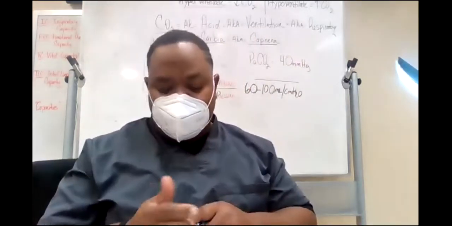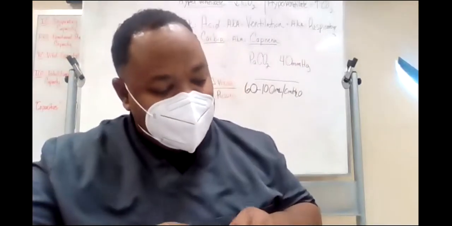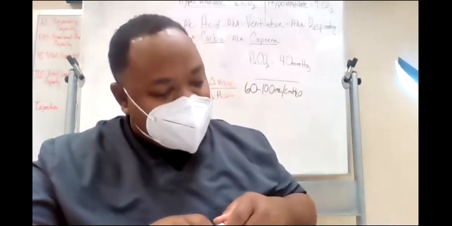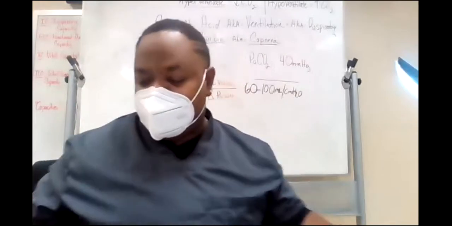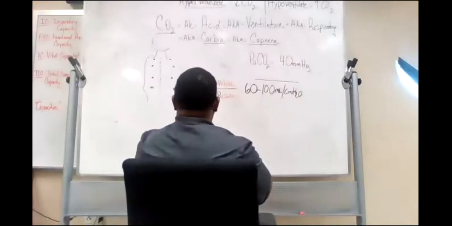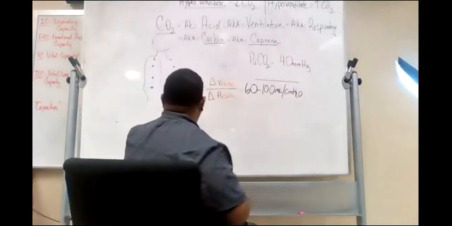Now we're going to talk about dynamic compliance. Dynamic compliance is a little bit different, okay? It is corrected volume over the peak pressure. So the volume over the peak pressure, all right? This is static or dynamic? Dynamic, okay?